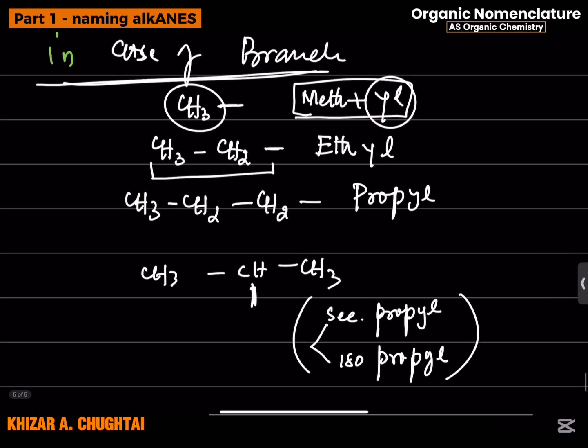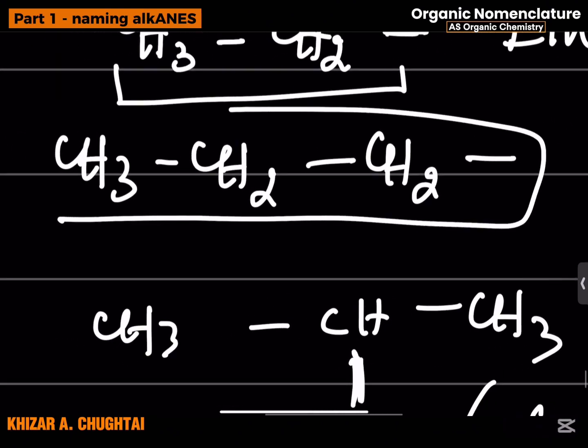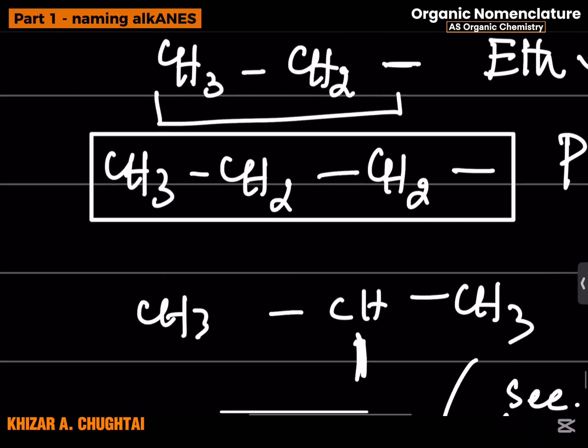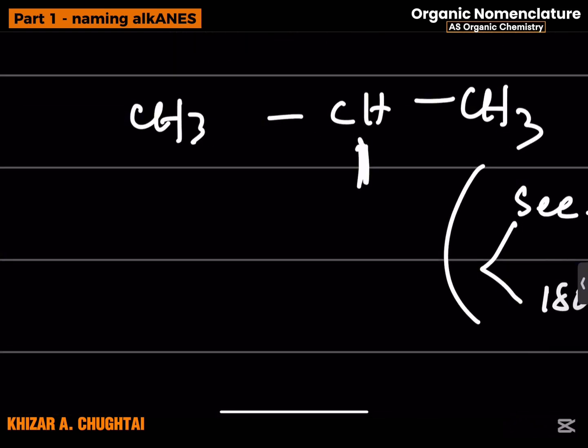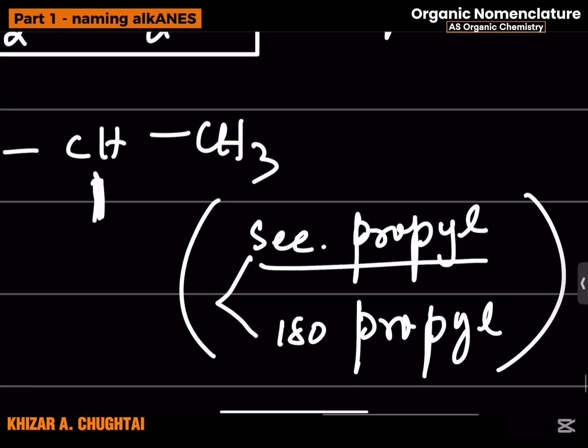From where have you removed one hydrogen in this case? From a secondary carbon. I told you yesterday that primary, secondary, tertiary are very, very important, the basic nomenclature. You have removed a secondary hydrogen, so it will be known as secondary propyl.